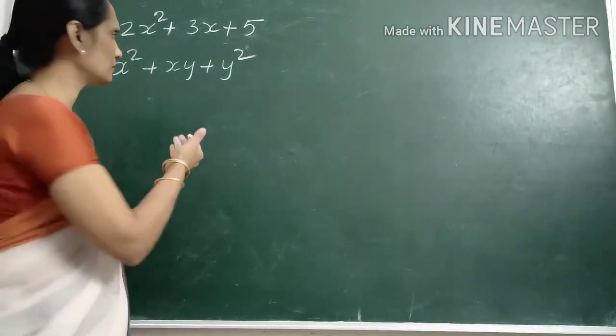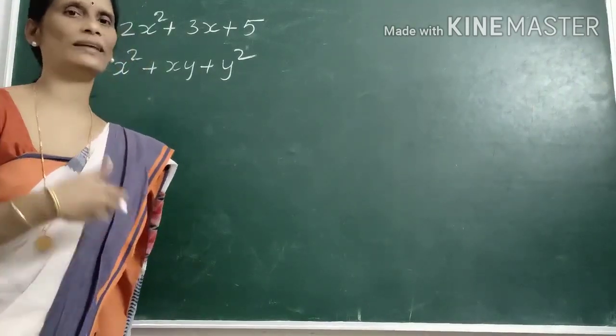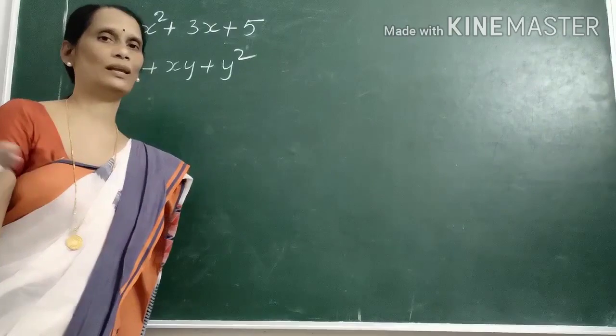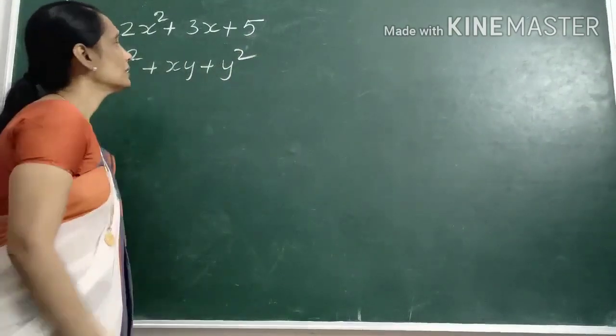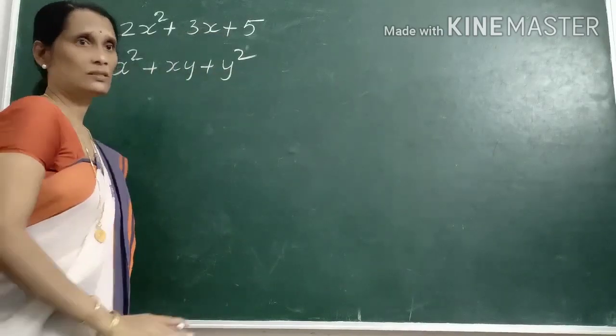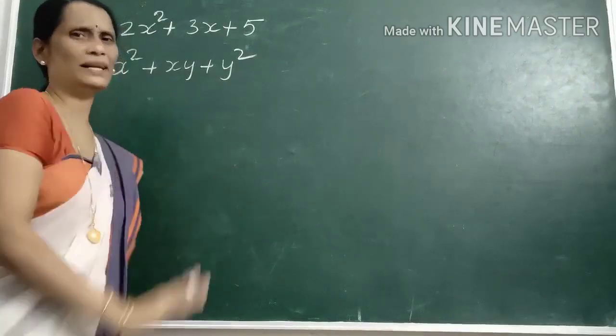Polynomials also we can call like that: monomial, binomial, trinomial. Since it has 3 terms, this is a trinomial. That means it's an algebraic expression.